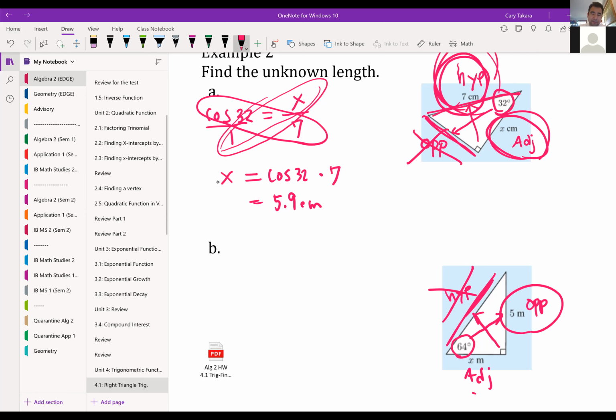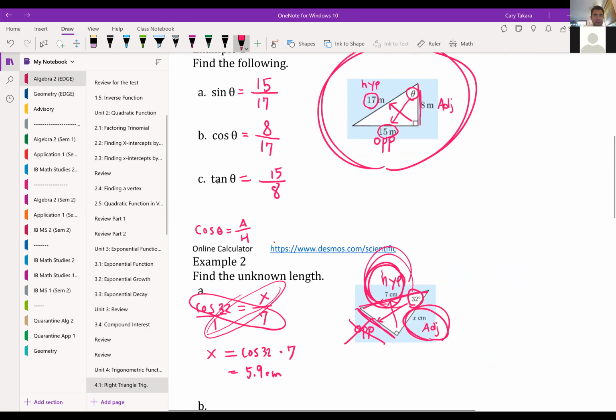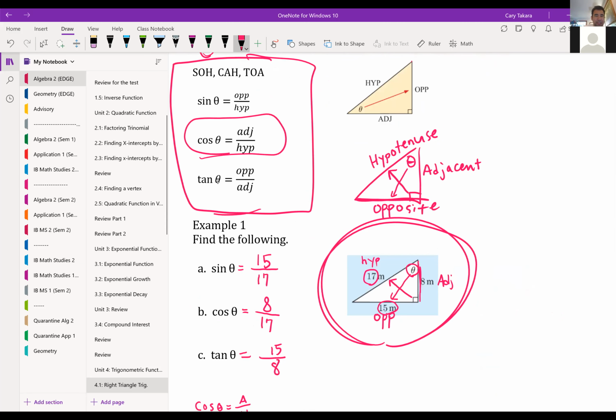So we need to find the combination that uses opposite and adjacent. Which one is that? Because there's nothing on the hypotenuse, you can't use that. You have to use opposite and adjacent, and in this case, opposite and adjacent is tangent, isn't it? Are you recognizing that? Tangent is opposite over adjacent.